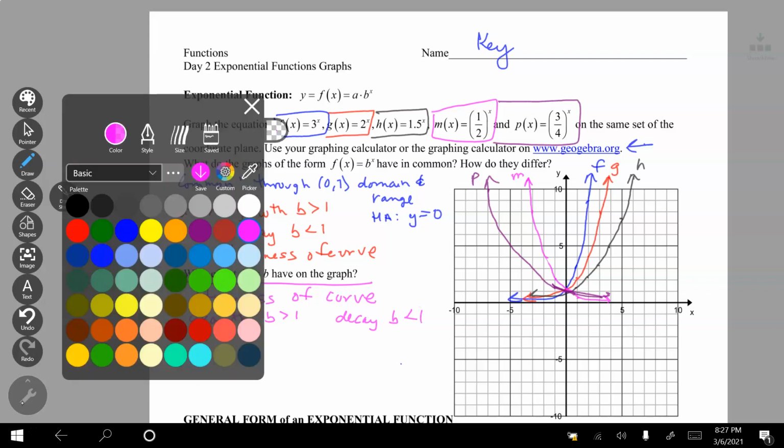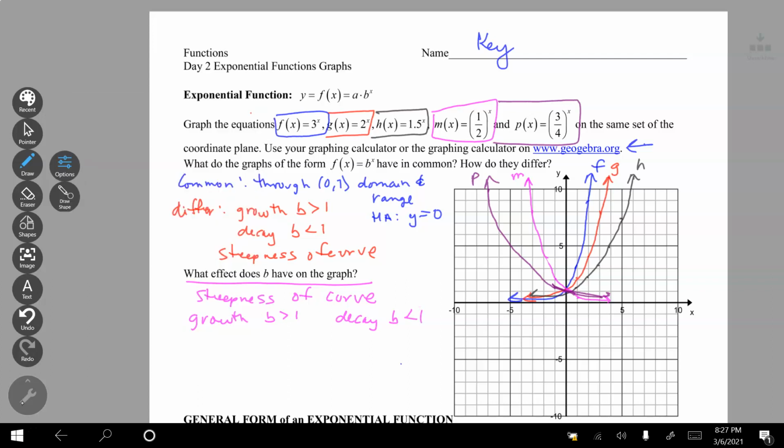But here's the big idea. The closer b is to the number 1, the flatter the graph. If b was equal to 1 and we did 1 to the x, it would be a horizontal line. There would be no curvature to the graph.